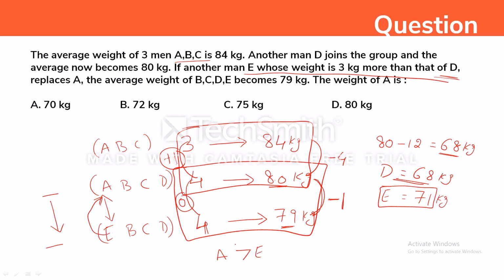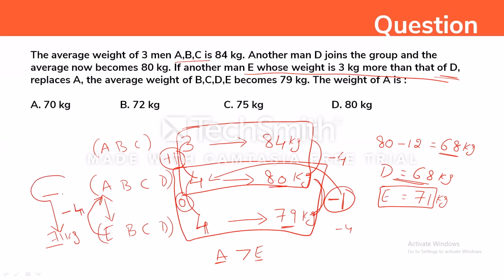If A's weight is more than E, we already know E's weight is 71 kgs. How much more is it? We will get that value by using our shortcut. -1 into 4 will give you -4. So we write -4.